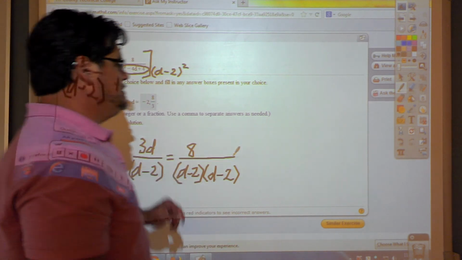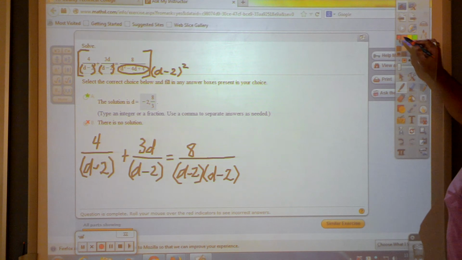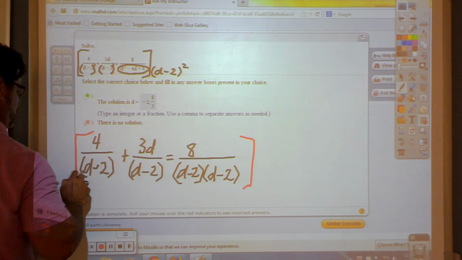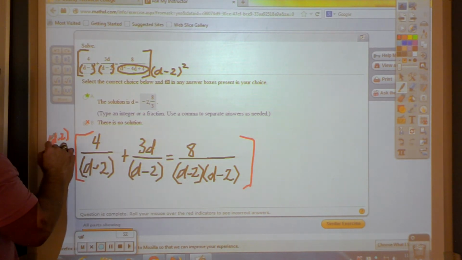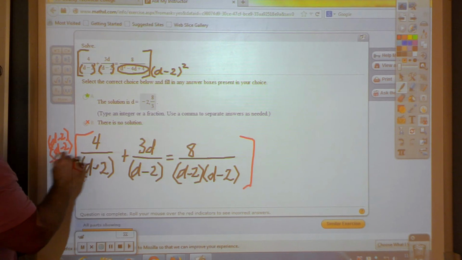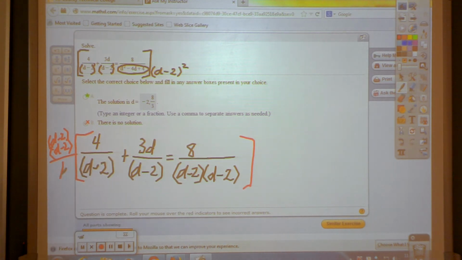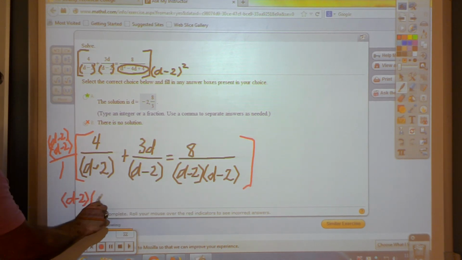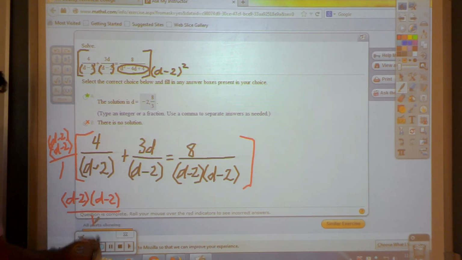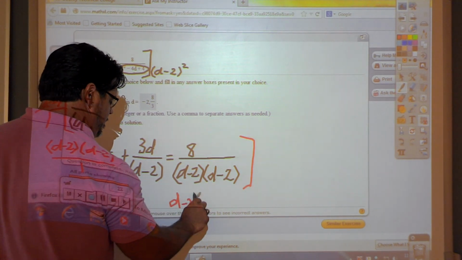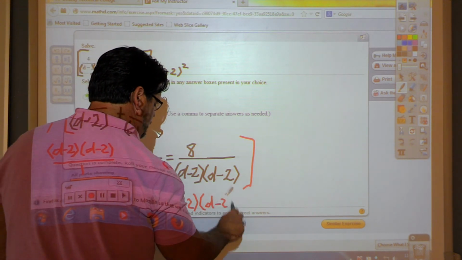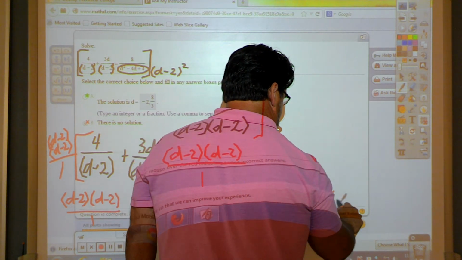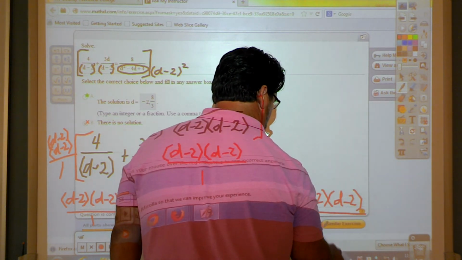Now I'm going to multiply through by the common denominator, D minus 2 quantity squared, or D minus 2 times D minus 2. I'm going to multiply through all the way, D minus 2 times D minus 2 over 1.